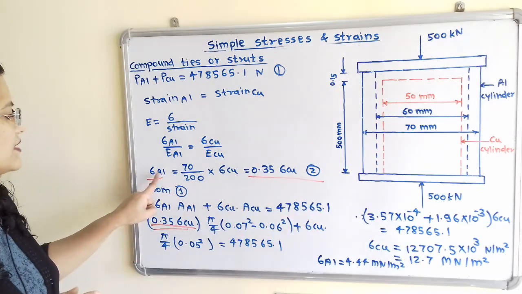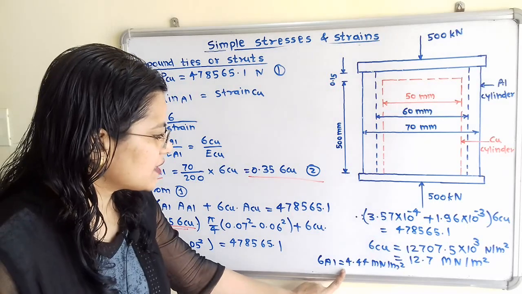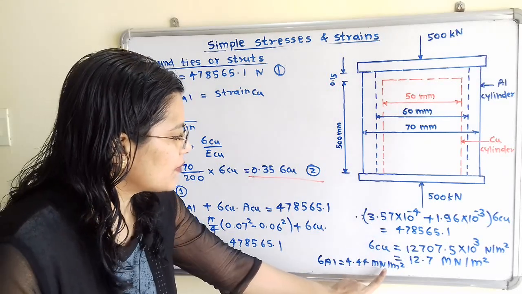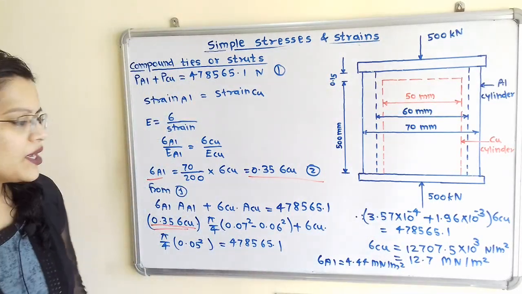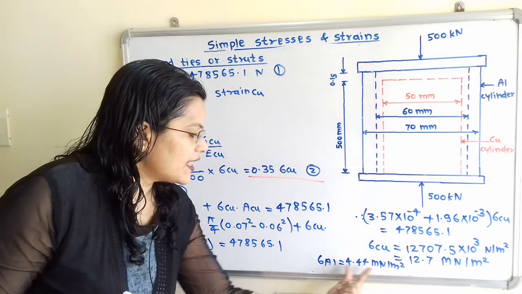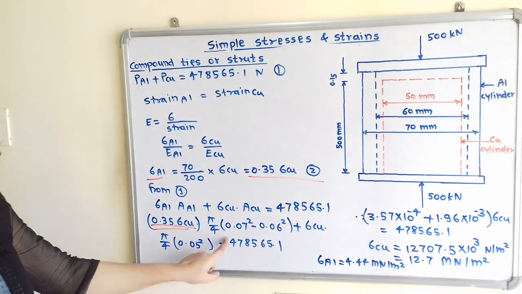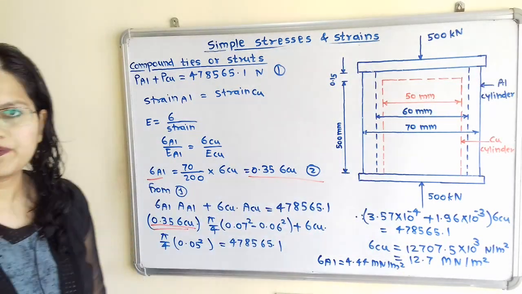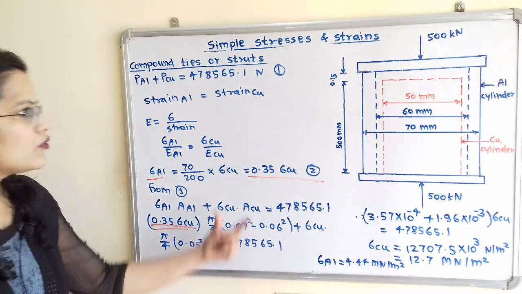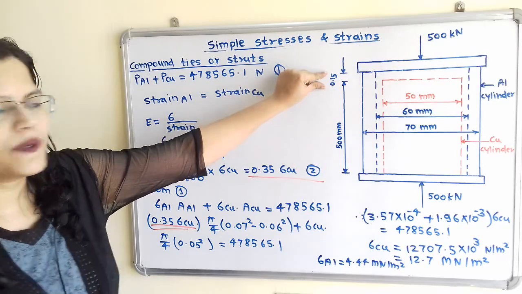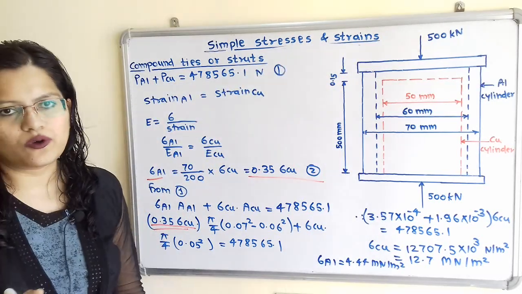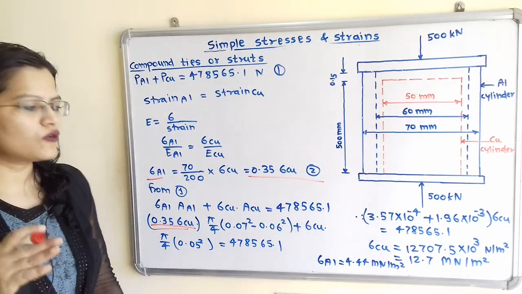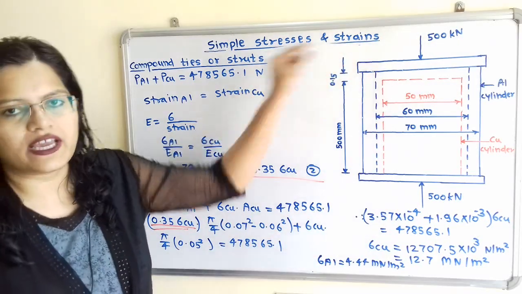So the stress in the aluminium cylinder is equal to 4.44 mega newton per meter square, but this is related to the load shared by the two cylinders. To compress by this 0.15 millimeter there is one load, and we also have to calculate sigma aluminium for that load.